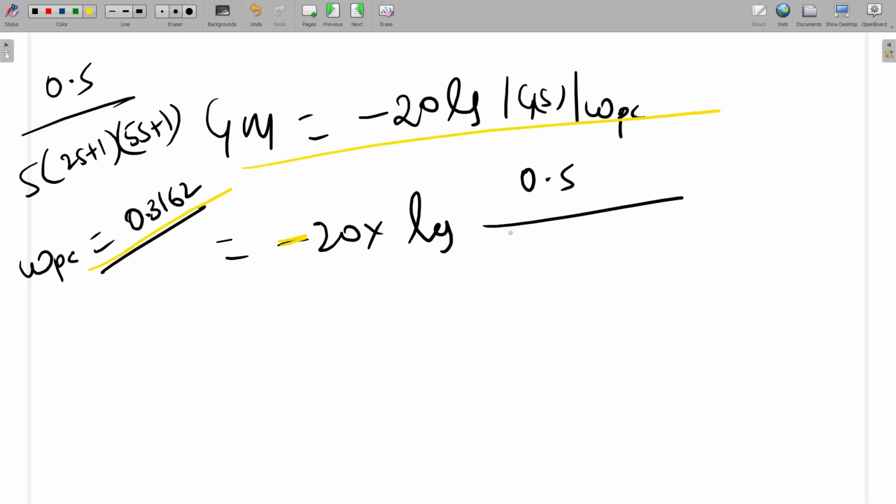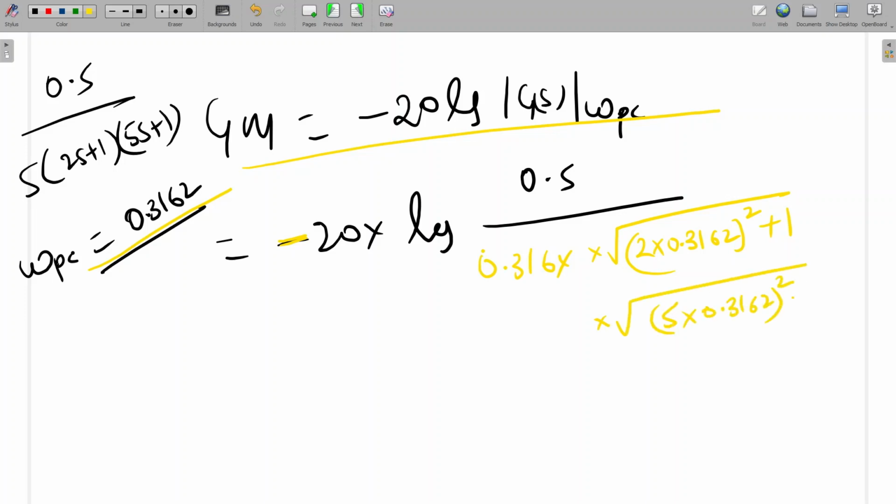So minus 20 into log of 0.5 divided by 0.316 into under root of (2 into 0.316) whole square plus 1, into under root of (5 into 0.316) whole square plus 1.